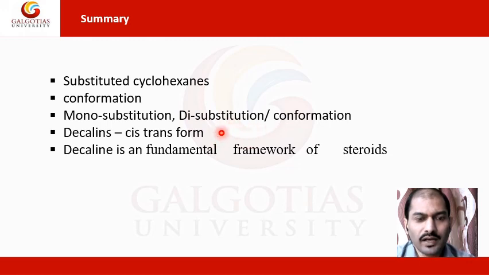For decalin, we also saw their cis and trans forms and their fundamentals, and how cis and trans forms can be put into different projections so that we can find out which form will be useful when we synthesize special kinds of molecules, as in steroid synthesis. This is a very important starting material for the framework of steroid molecules.